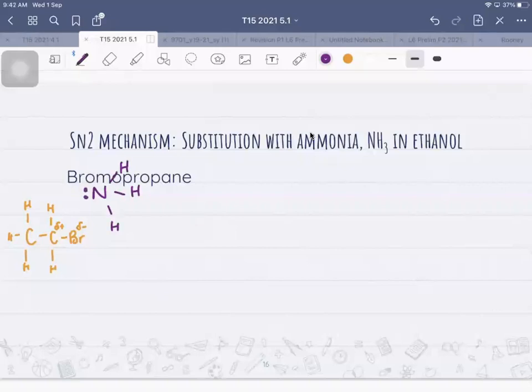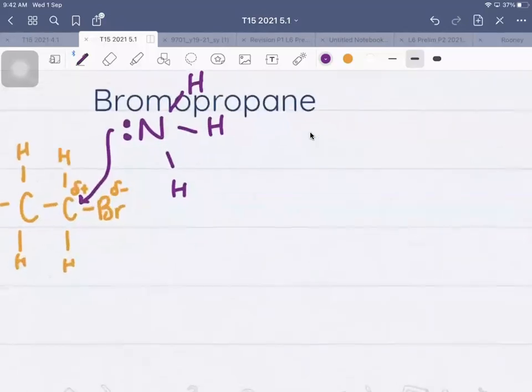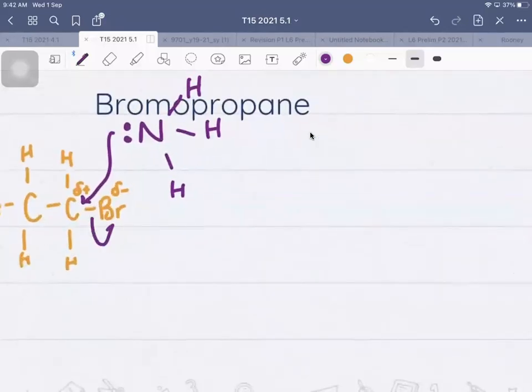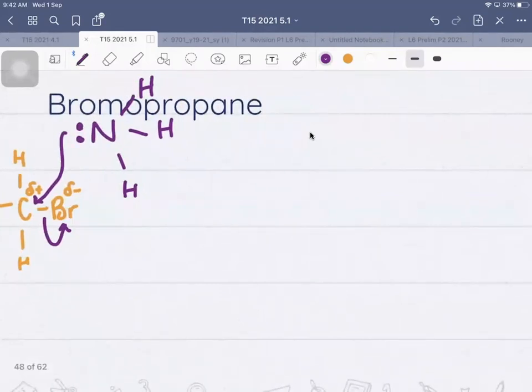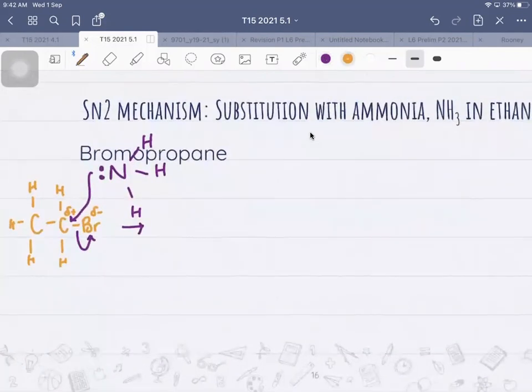NH3. Okay, lone pair must be drawn. The lone pair is donated to the carbon, slightly positive carbon. The carbon-bromine bond breaks and the electron is given to the bromine. You form a transition state. Carbon-bromine bond is in the process of breaking.